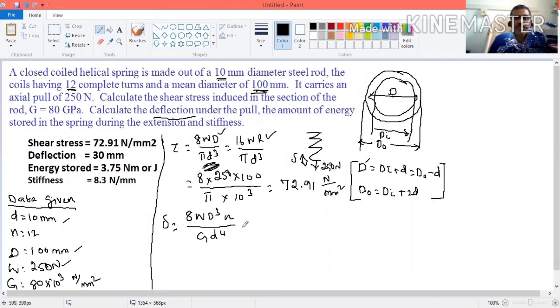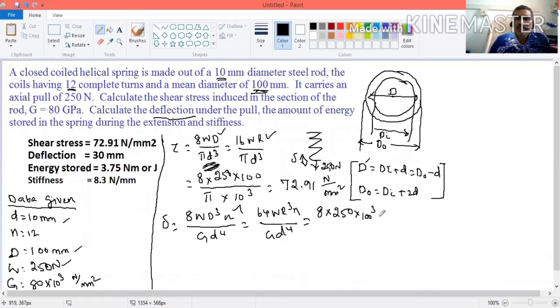This is the equation. You have another equation also, that is 64 W R cube n by G d power 4. You can use either this or this. We are going to use this equation. If you substitute in this equation, 8 W is equal to 250, capital D is 100.